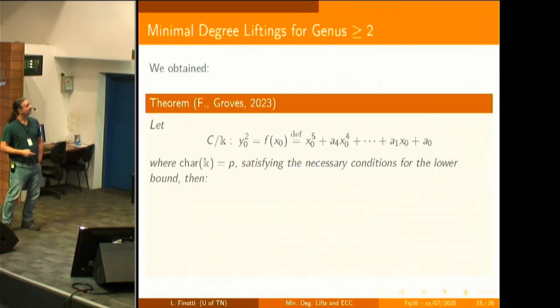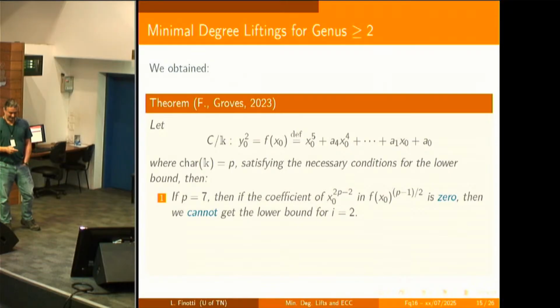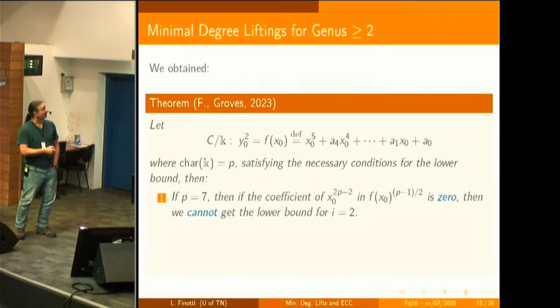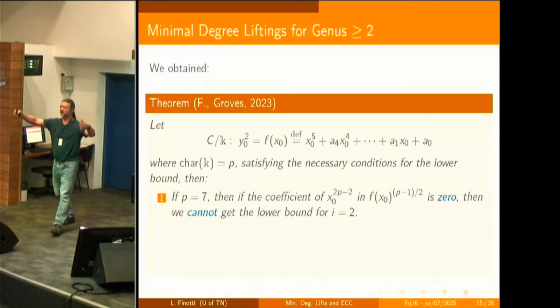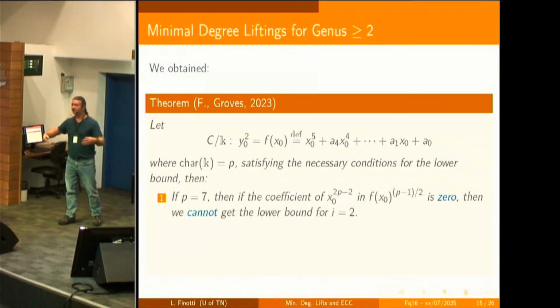And here is a strange result. For only genus 2, this very specific case, what happens varies considerably in terms of your prime. So for p equals 7, it seems to suffice that your curve is ordinary, in the sense that the Jacobian of this curve is ordinary.